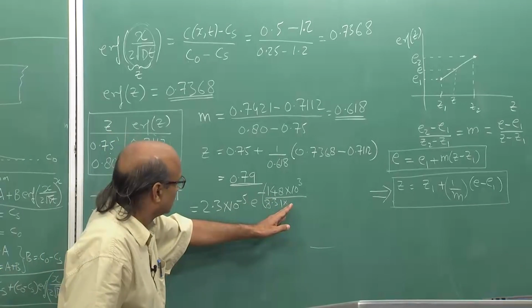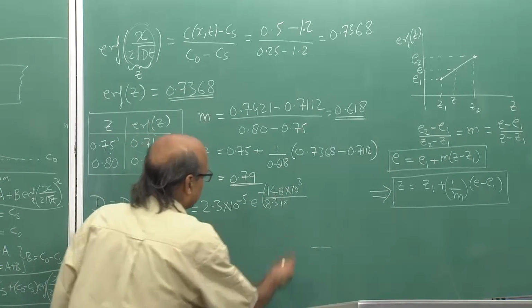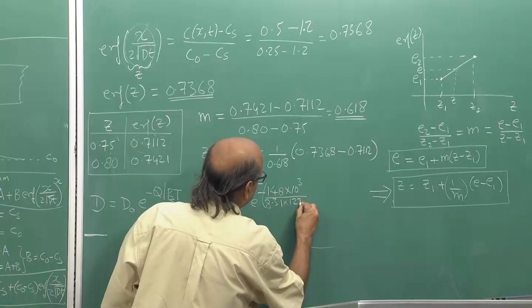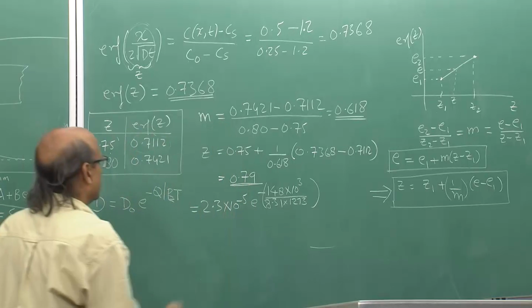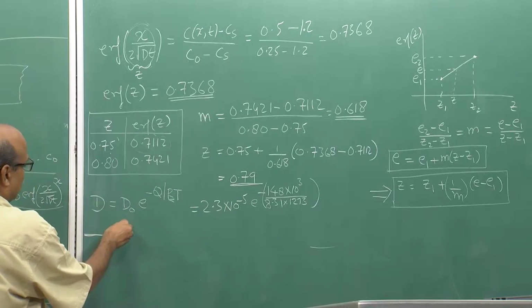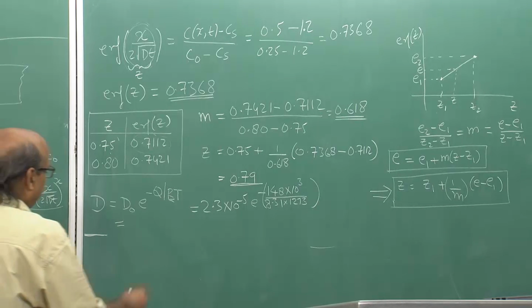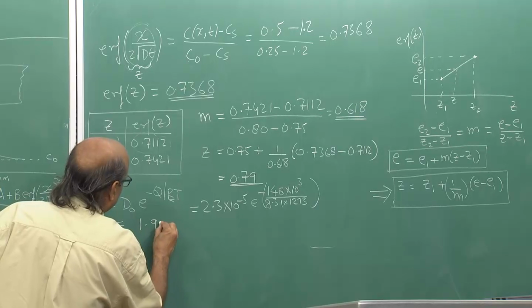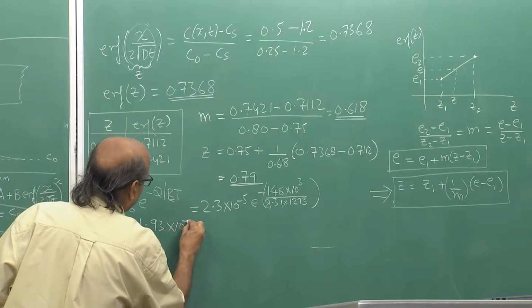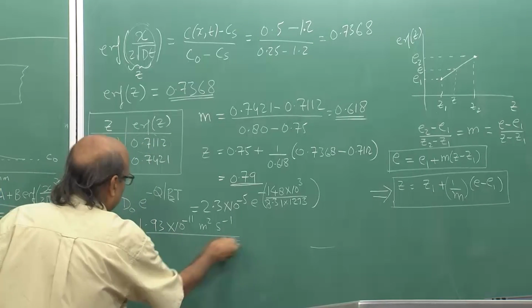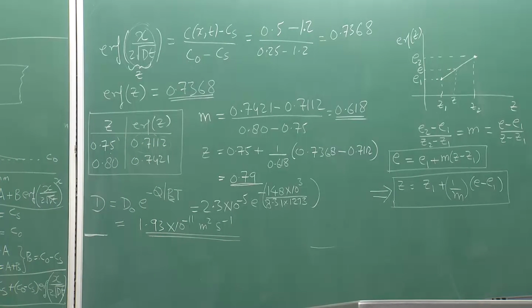I need to convert this to Kelvin, so I will write 1000 plus 273. So, 1273 becomes the temperature. This gives me the value of the diffusion coefficient as 1.93 into 10 to the power minus 11 meter square per second.